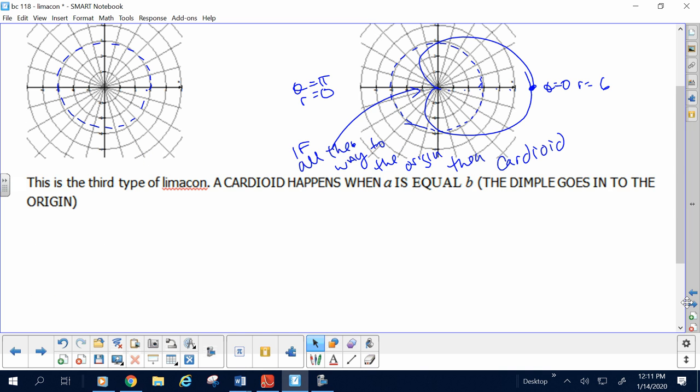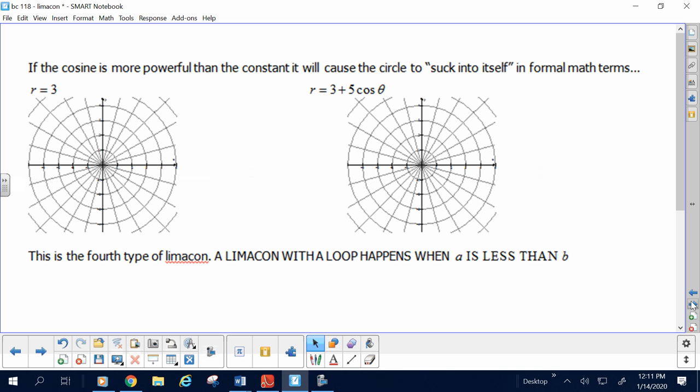Now, what really makes it cool is when you give the trig a lot of help. This is, to me, one of my favorite graphs. This is super cool. So, if r equals 3 is your base graph, now your cosine is going to really have some effect because it's got even more power than the circle. So this one we'll go through a little more slowly so you can see it unfurl. So let's say at theta equals 0, r is 5. What is it? 8.